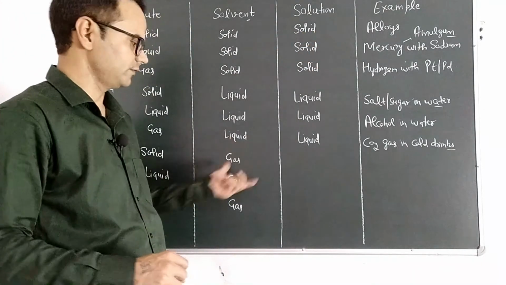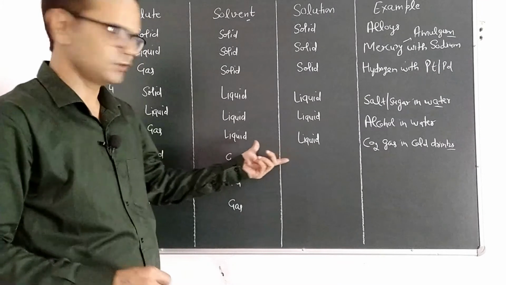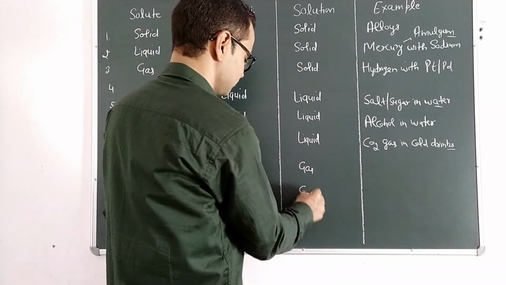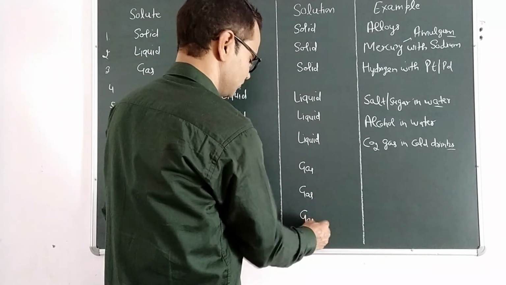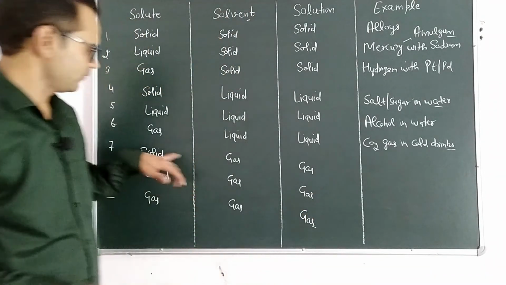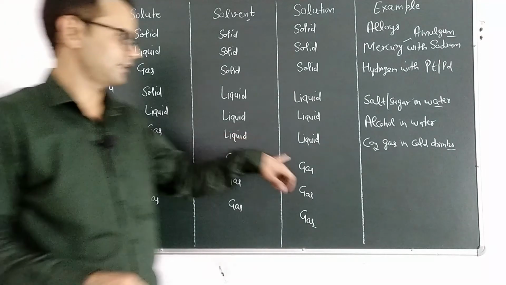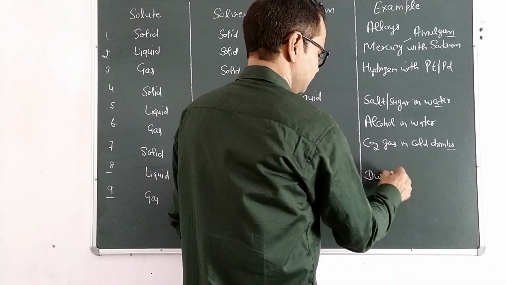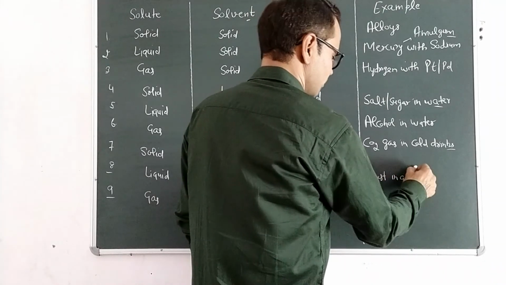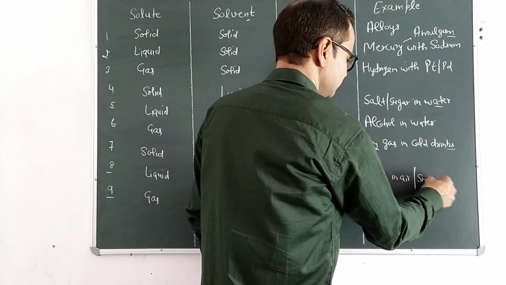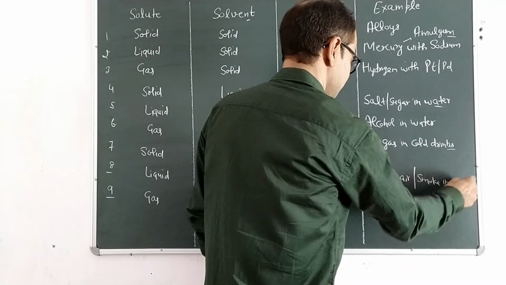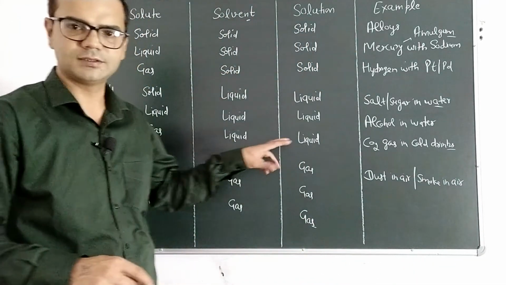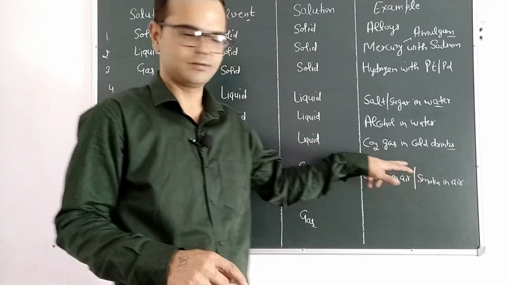Now the solvent is a gas, so we will get a gaseous solution. Example of solid in gas, we will get gas. Example is dust in air or smoke in air.